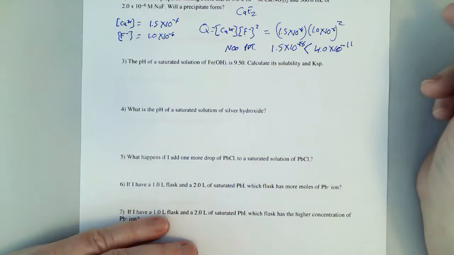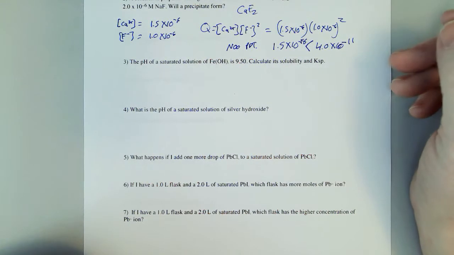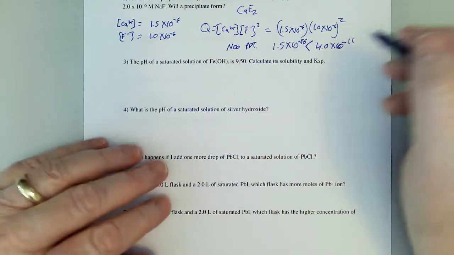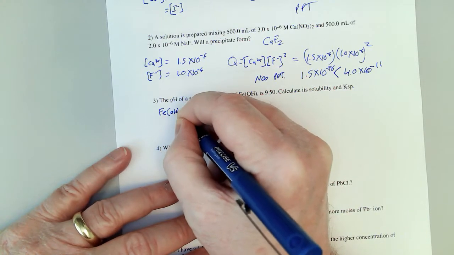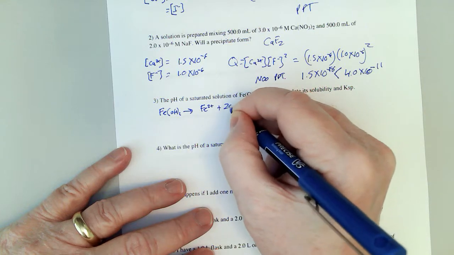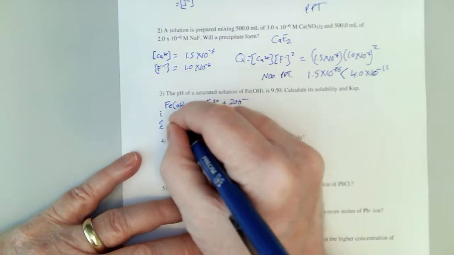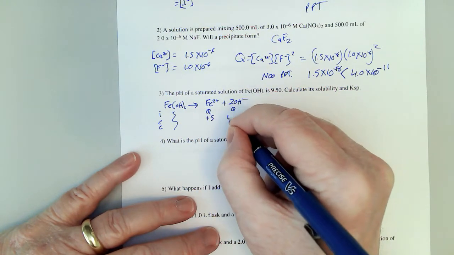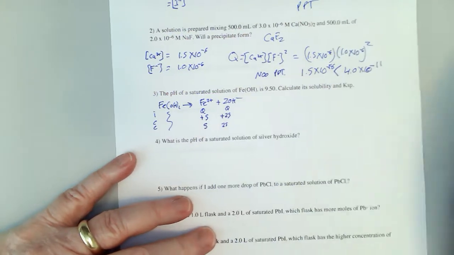Okay. Now, I find the next two questions pretty interesting because they connect pH and solubility. So Fe(OH)2 breaks down into Fe2+ and 2 OH-. They do a nice box. All right.